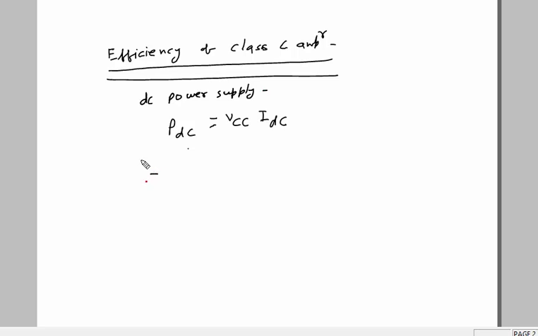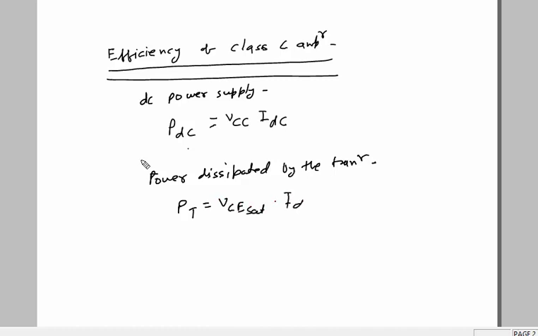Now the same DC current IDC is flowing through the transistor when the transistor is in saturation. It means the power dissipated by the transistor, let's call it PT, equals VCE sat times the current IDC.